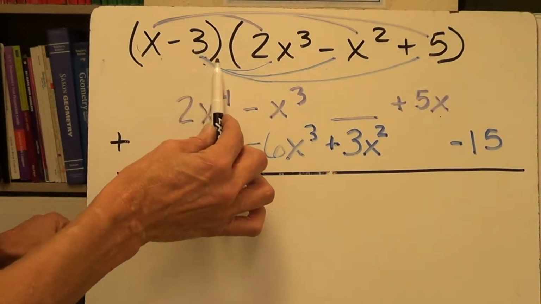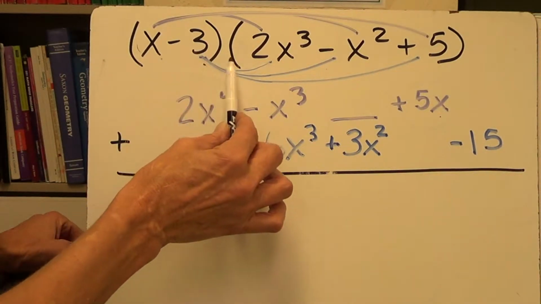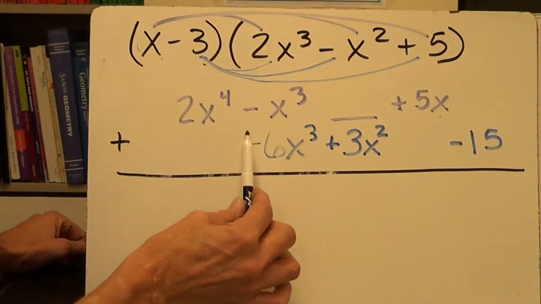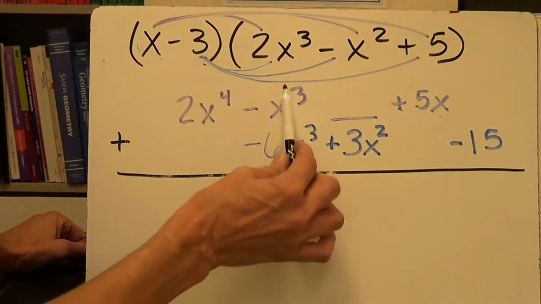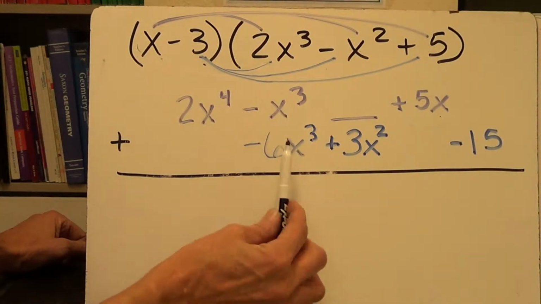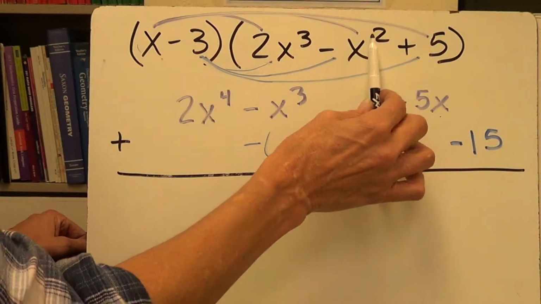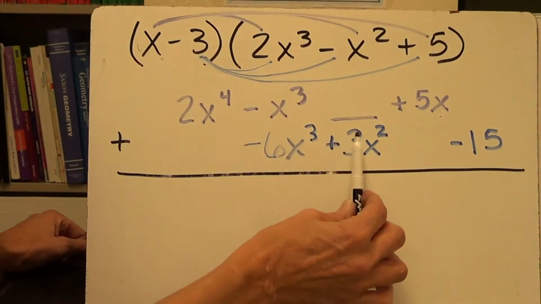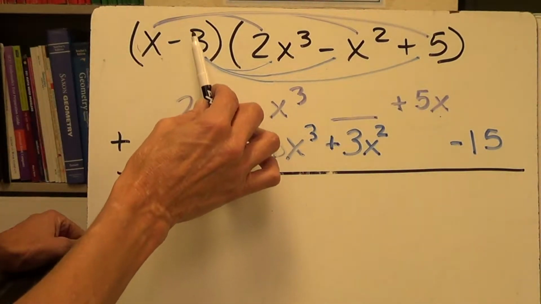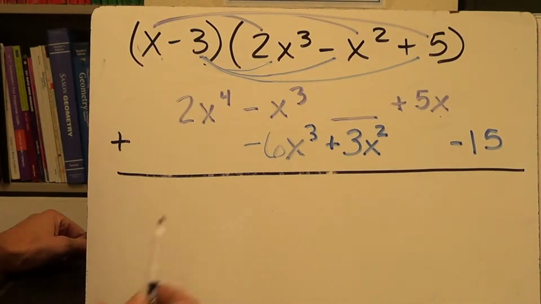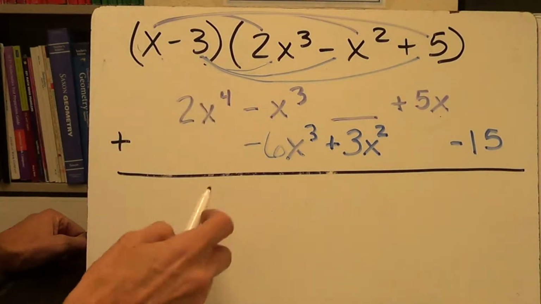Then the minus 3 times 2x cubed would be a negative 6x cubed. So I line it up right underneath my other x cubed value. Then I have negative 3 times negative x squared. That would be a positive 3x squared. Negative 3 times 5 is negative 15. Then I would go ahead and add the like terms.